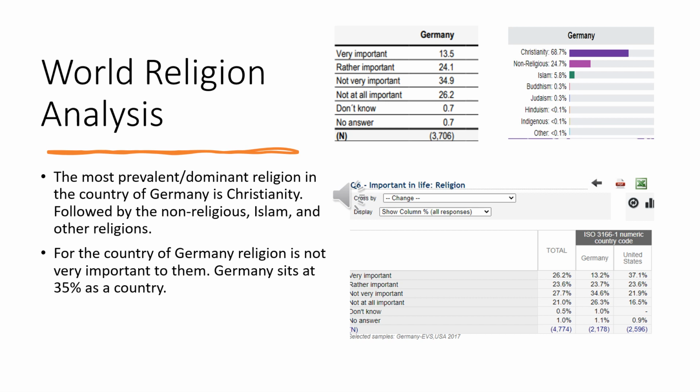On the flip side, the United States sits at 37% for it being important and 23% for not important. So if you weigh the scales, religion does not play a very big part in Germany.